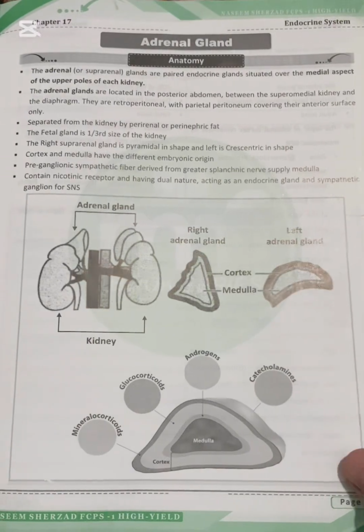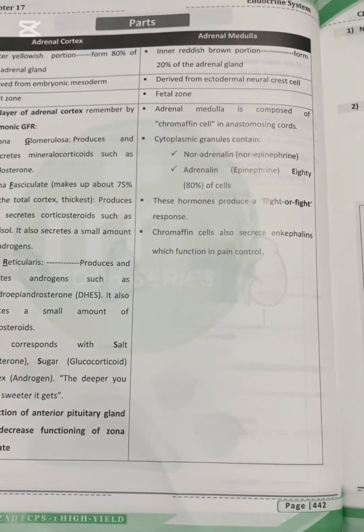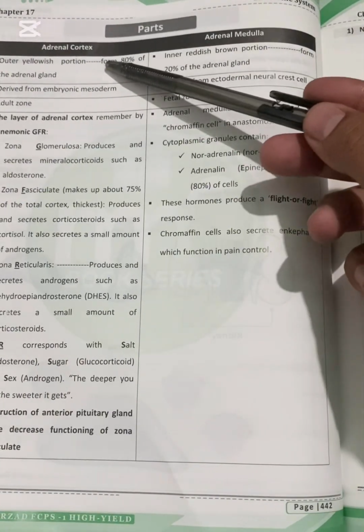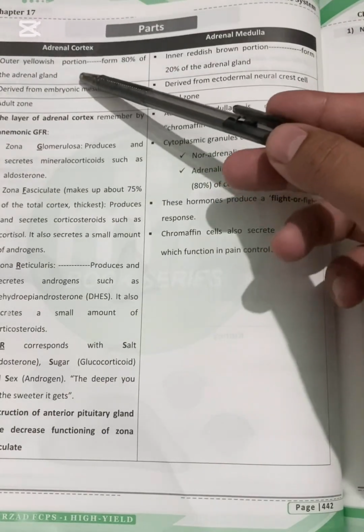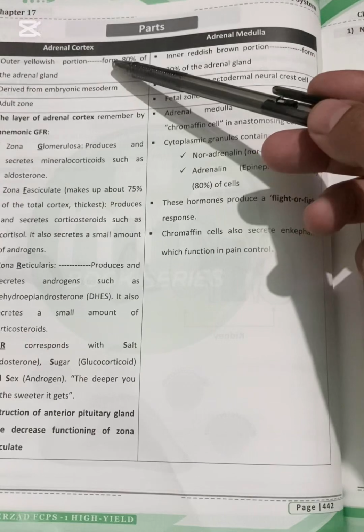So now let's discuss the cortical and medulla portions of this adrenal gland. The adrenal cortex is the outer, yellowish portion, and it forms 80%, a very major portion of the adrenal gland.